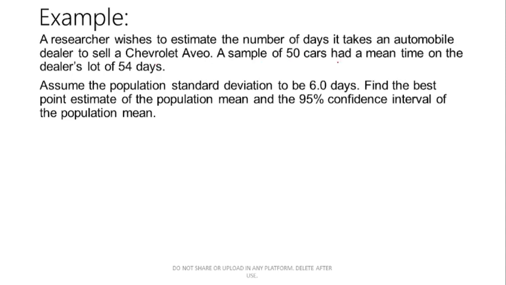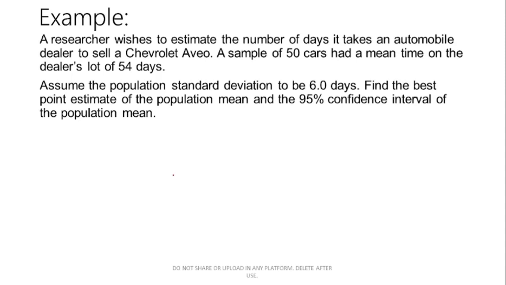A sample of 50 cars had a mean time on the dealer's lot of 54 days. Assume that the population standard deviation is 6 days. Find the best point estimate of the population mean and the 95% confidence interval of the population mean.